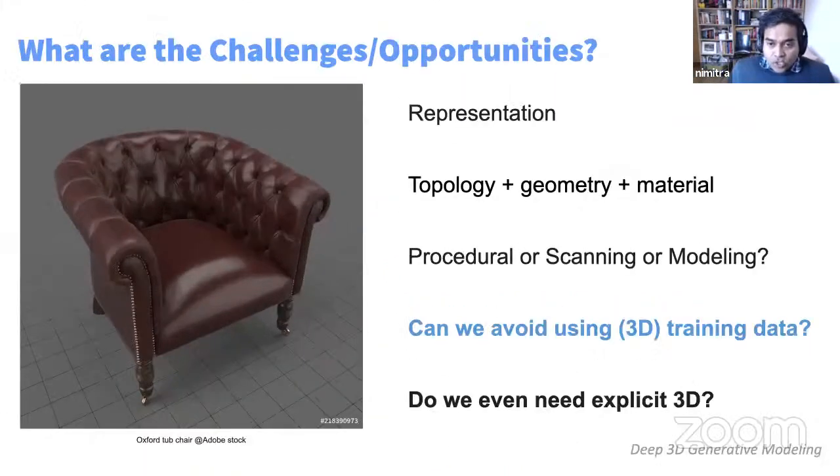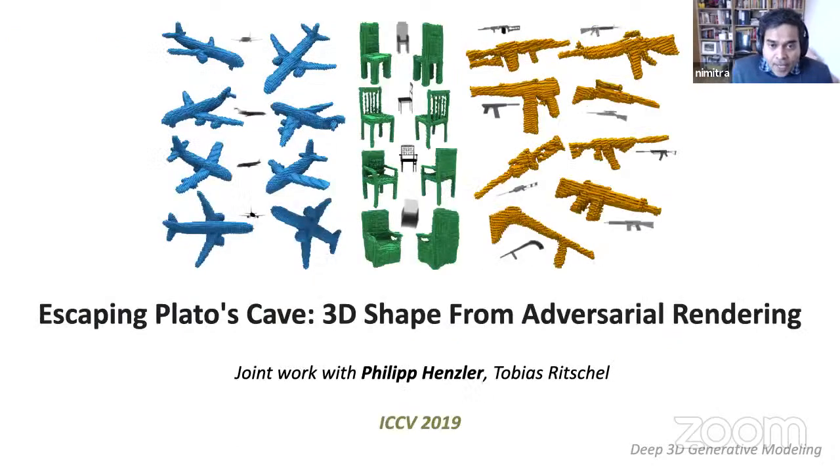Okay, so far what we have seen is what we can do if we have 3D data available. Now, one question we have been recently asking is whether it is possible to work without the 3D data, but with some data that is much easier to obtain.